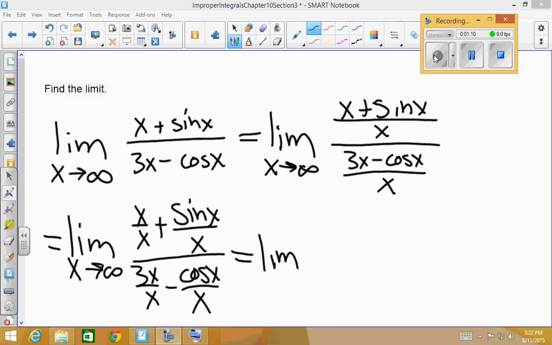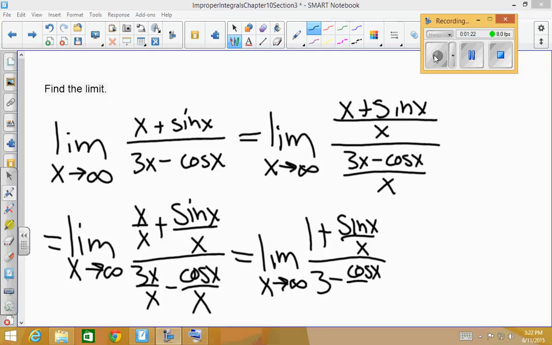So this becomes the limit as x goes to infinity of (1 plus the sine of x over x) divided by (3 minus the cosine of x over x).